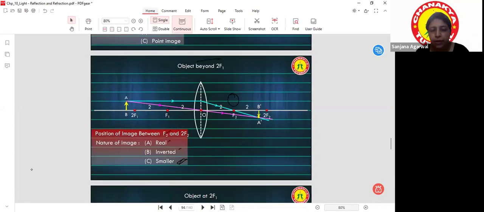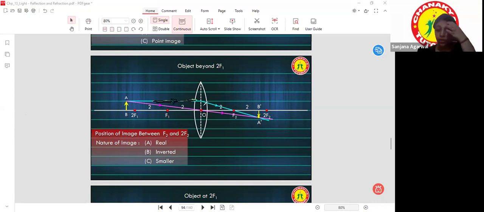Next, if we bring our object closer to the lens, that is, not at infinity, but within range, so it is kept beyond 2F1. If the object is kept beyond 2F1, take the first ray as passing straight, parallel to the principal axis. It will pass through the focus, and another ray through the optical center.